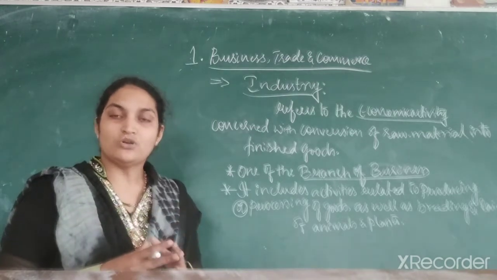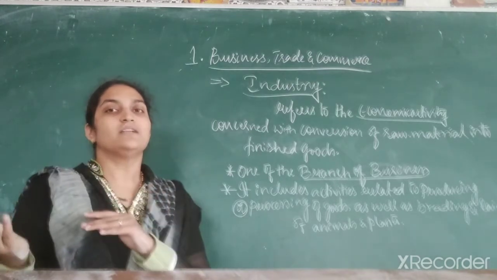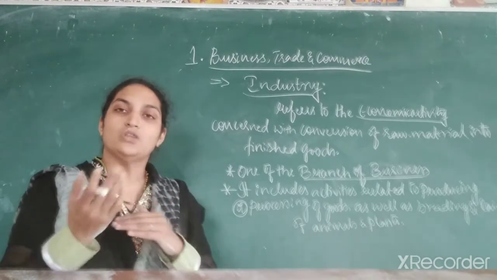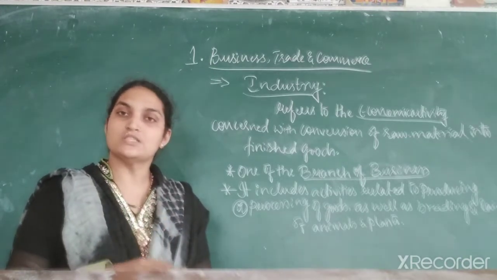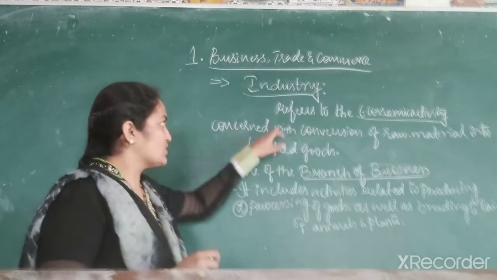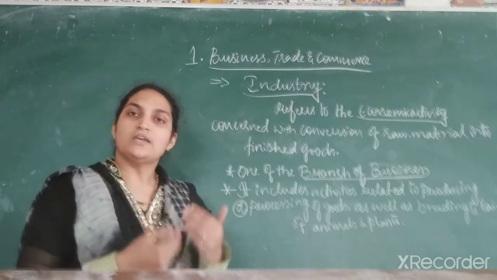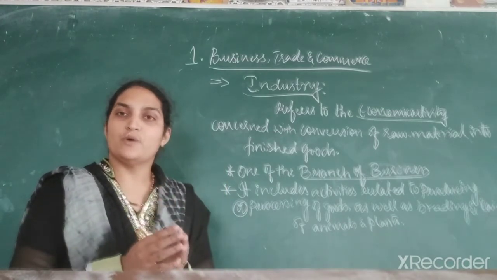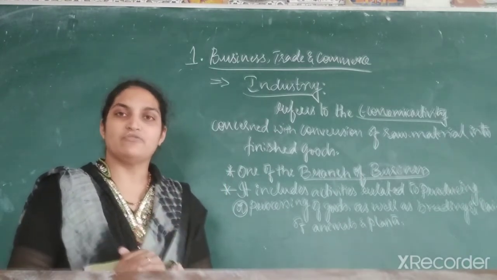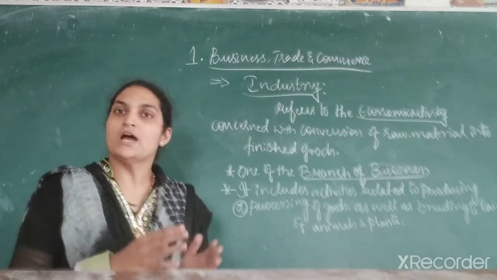The main function of industry is to convert raw materials or semi-finished goods into finished goods or usable goods. That is called industries. In other words, industries refer to a group of firms which produce or manufacture related or similar goods.